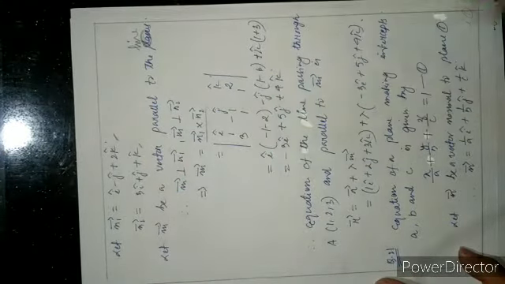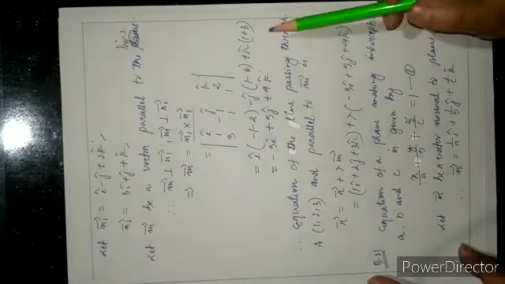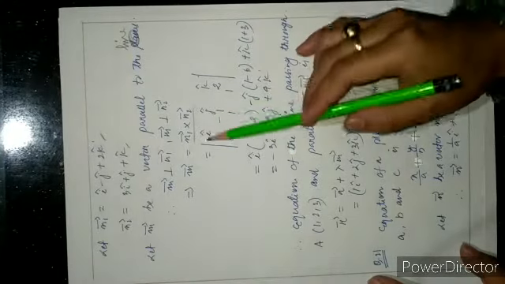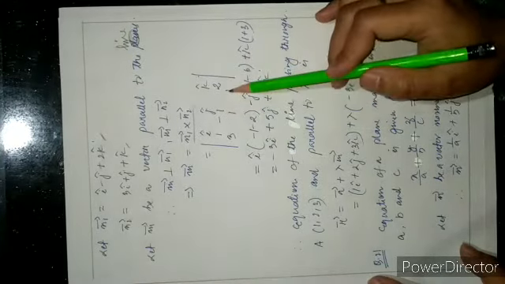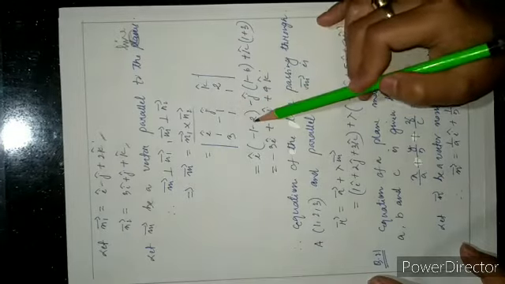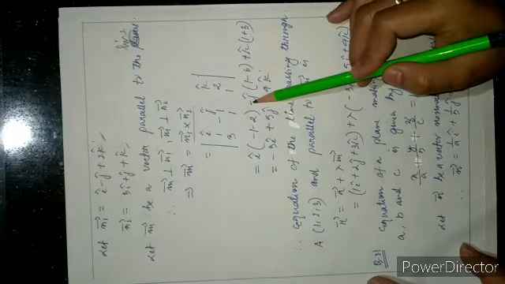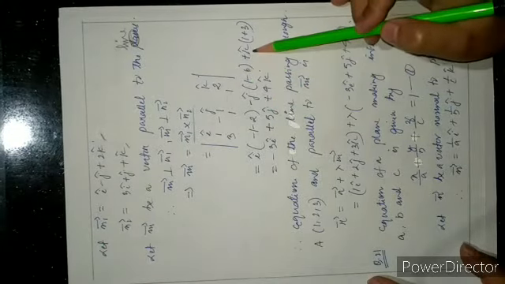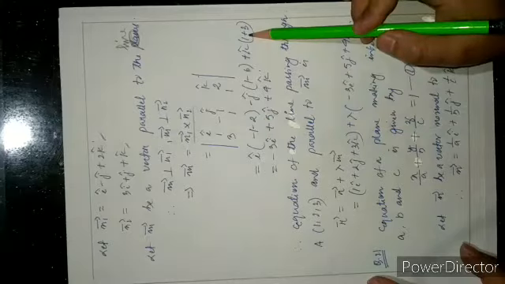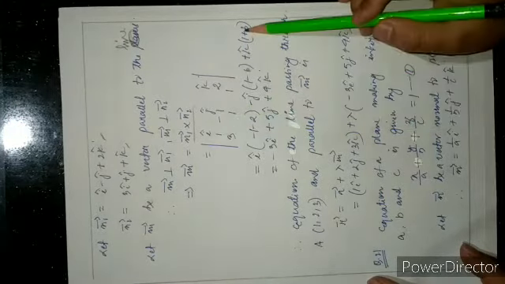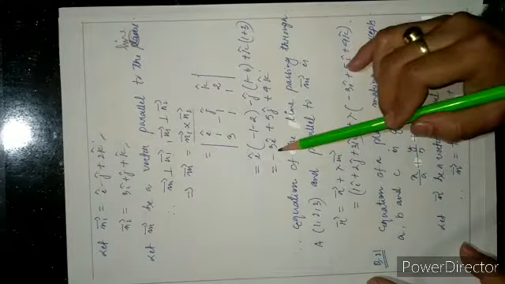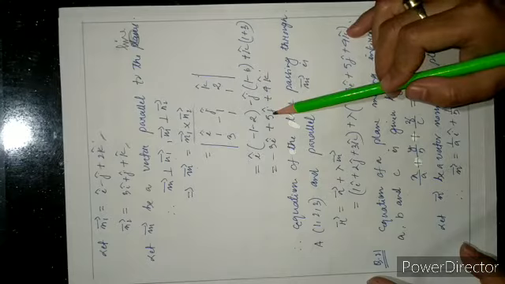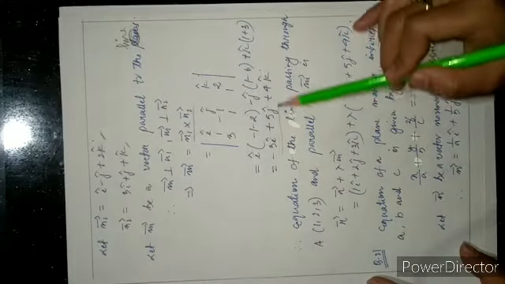Expanding along first row: I cap (minus 1 into 1 minus 2 into 1) minus j cap (1 into 1 minus 2 into 3) plus k cap (1 into 1 minus minus 1 into 3). That is minus 3 I cap plus 5 j cap plus 4 k cap.